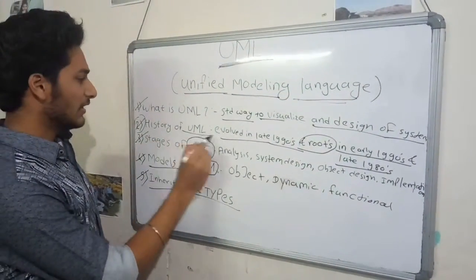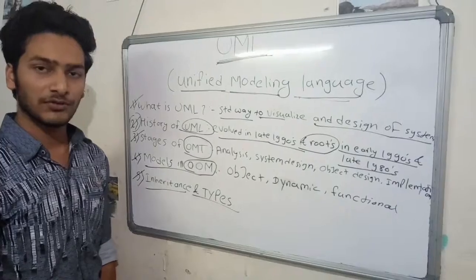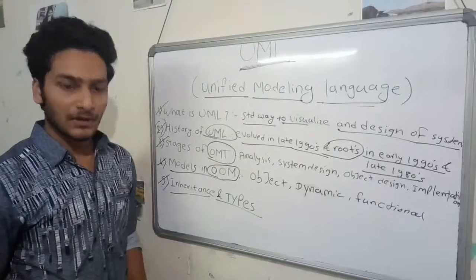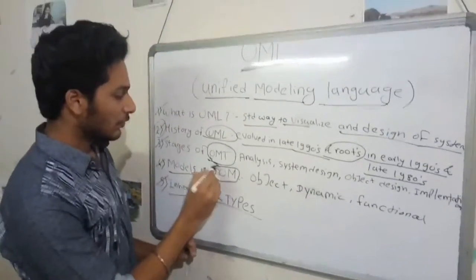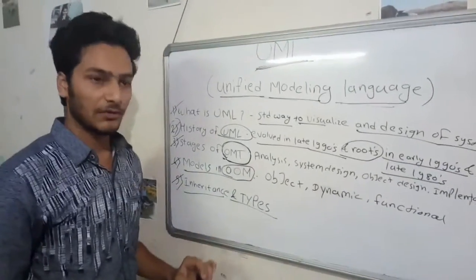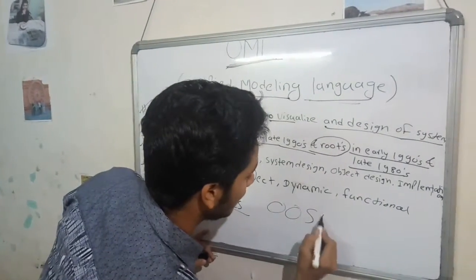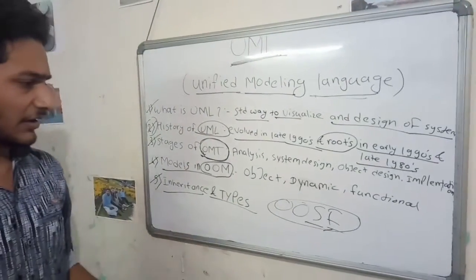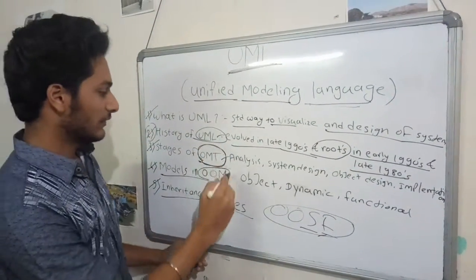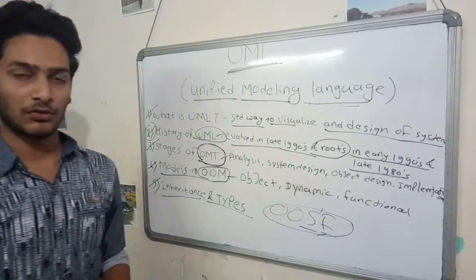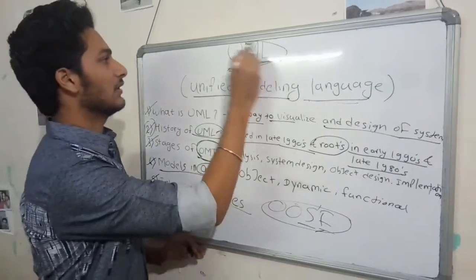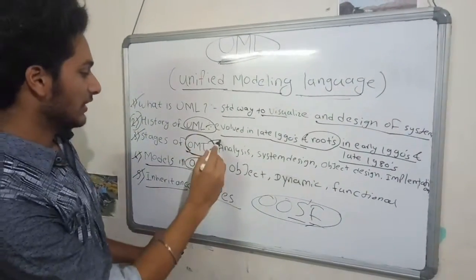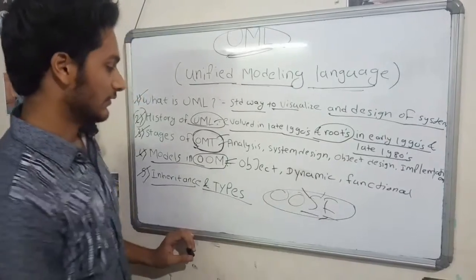It evolved from the Booch method, and it is a combination of OMT, that is object modeling techniques, and OOSE, that is object oriented software engineering. From this combination, it is brought into one language, that is UML. So UML is a combination of, sorry, 3 languages.